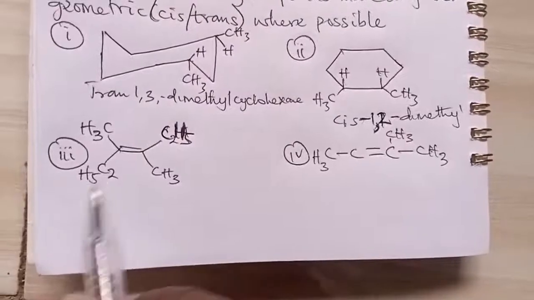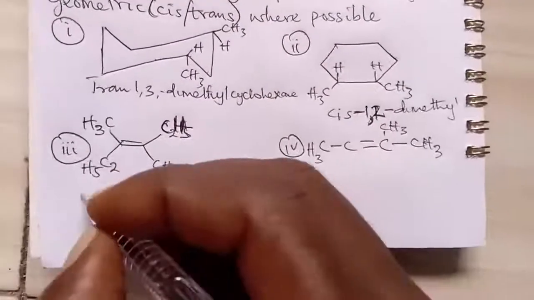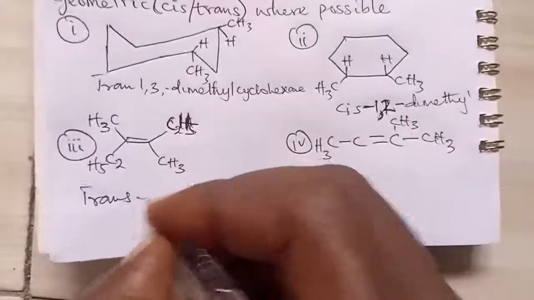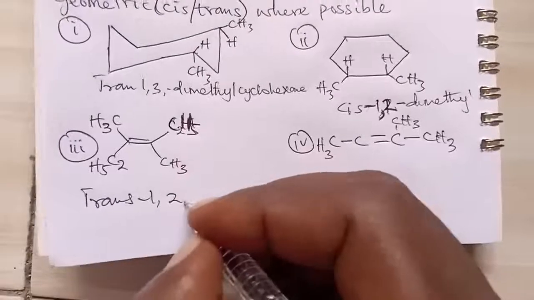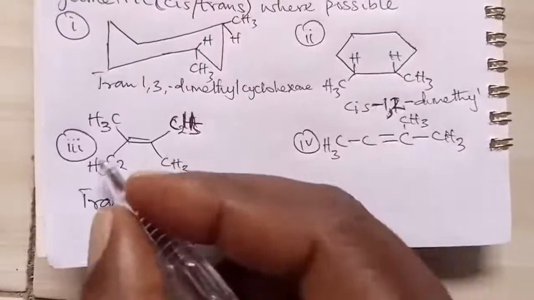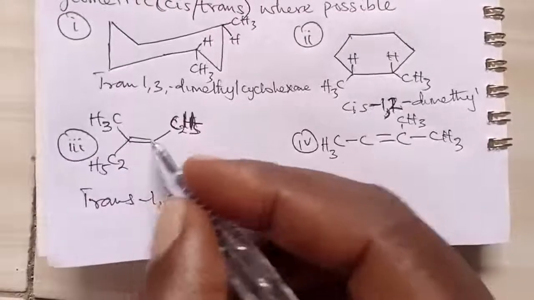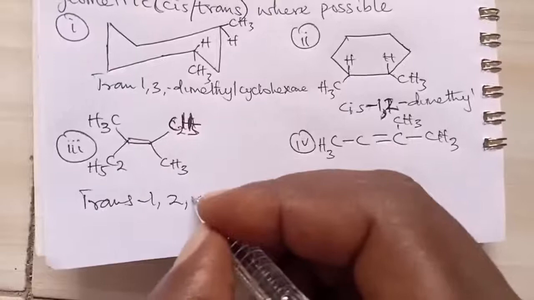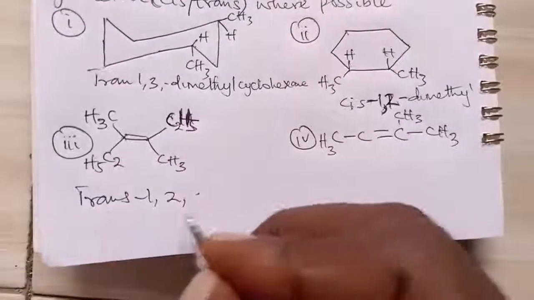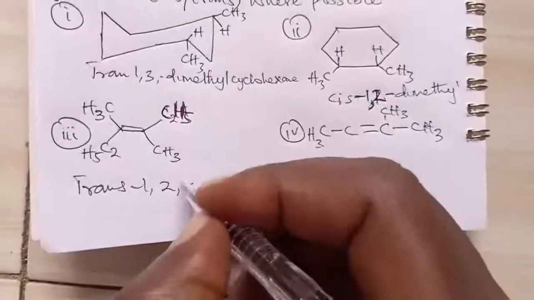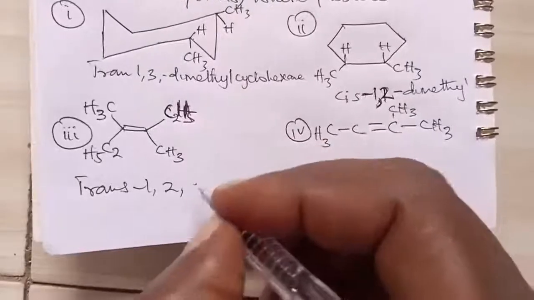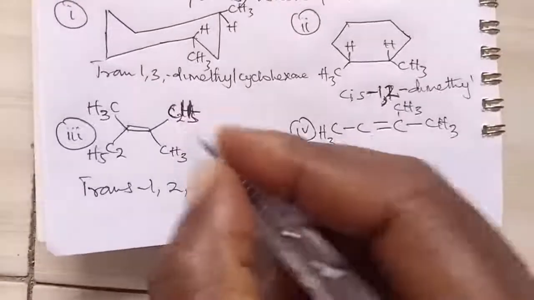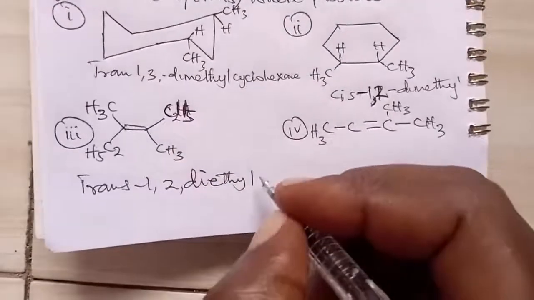Then this other one, you can see this is trans 1, 2 dimethyl. So you say 1 and 2, carbon atom here, 1 and 2. Trans 1, 2 diethyl. So this is ethyl, this is ethyl. Diethyl.